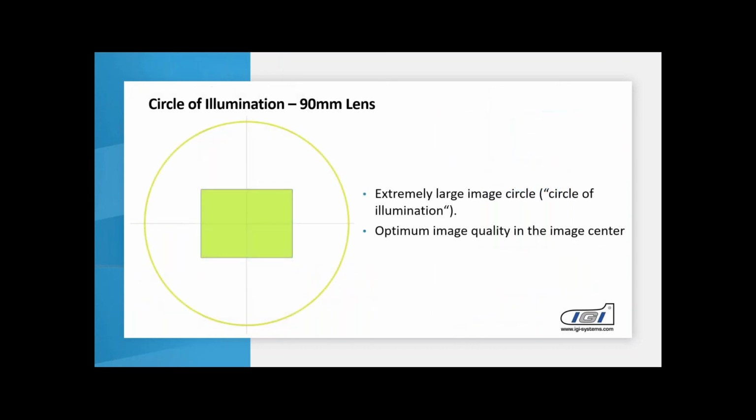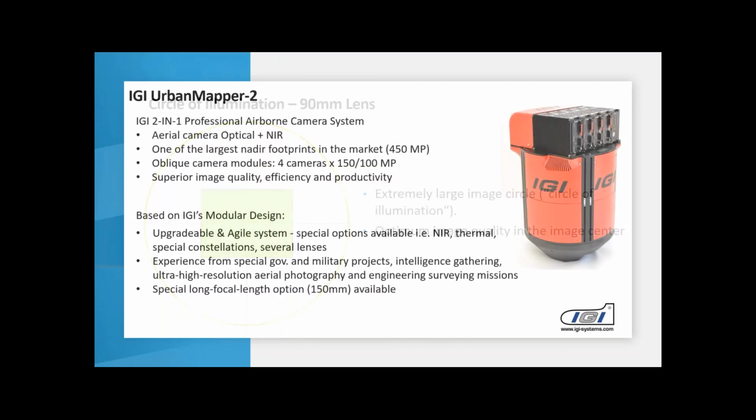But doing this, we avoid all the problems that other sensors have if they shift the sensor area into the corners of the lens circle of illumination. Maybe this was a bit quick on this topic, but as I said, everybody who's interested can definitely contact us here, and we are happy to explain that.